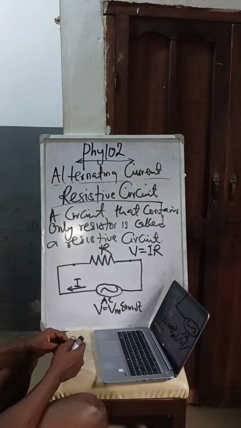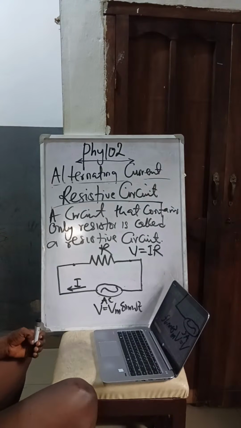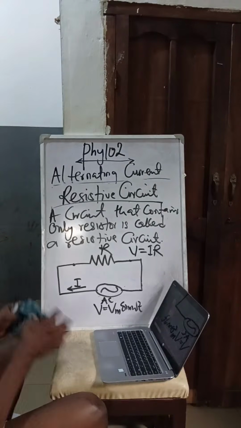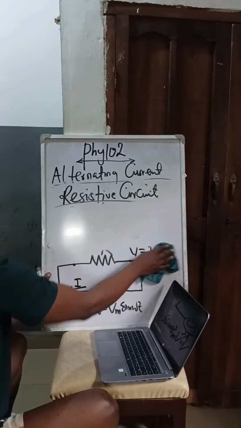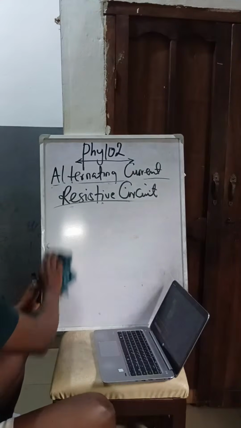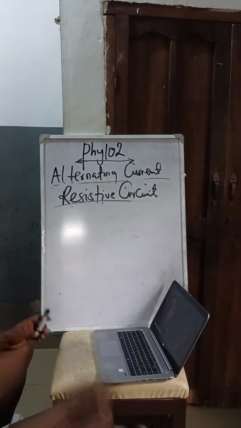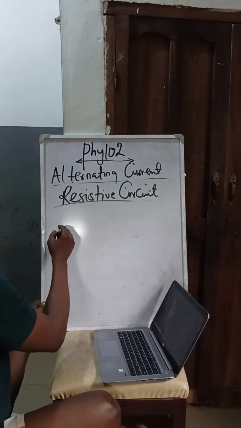See what it means. The circuit that has only resistor is called a resistive circuit.